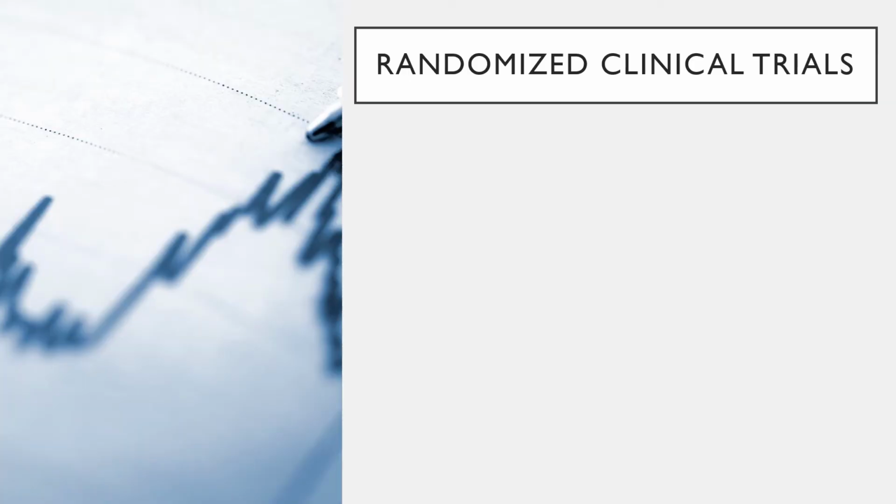All right, randomized clinical trials. One of the primary things in a randomized clinical trial is that there are study subjects. We are looking for qualified participants, so these are a certain population, an age group. We use something called inclusion and exclusion criteria.